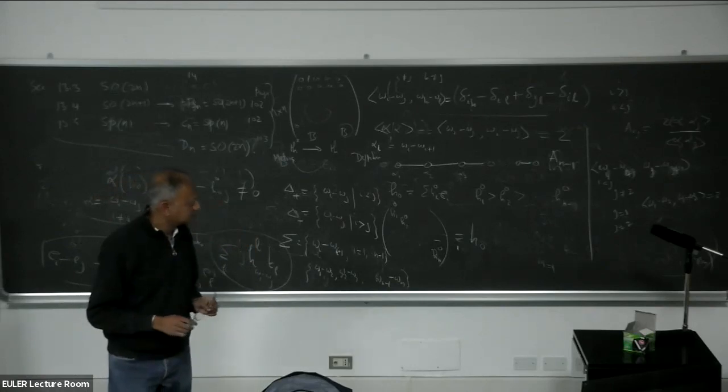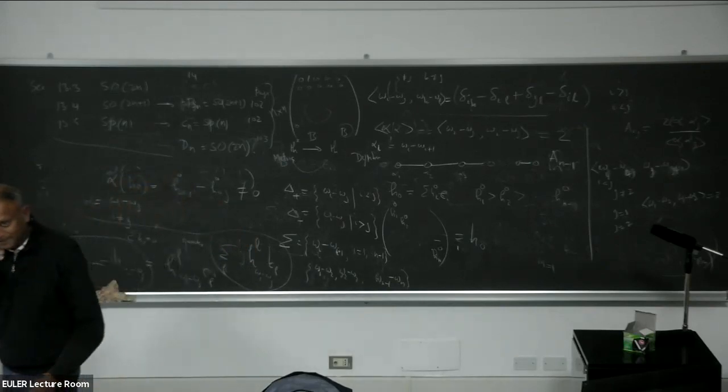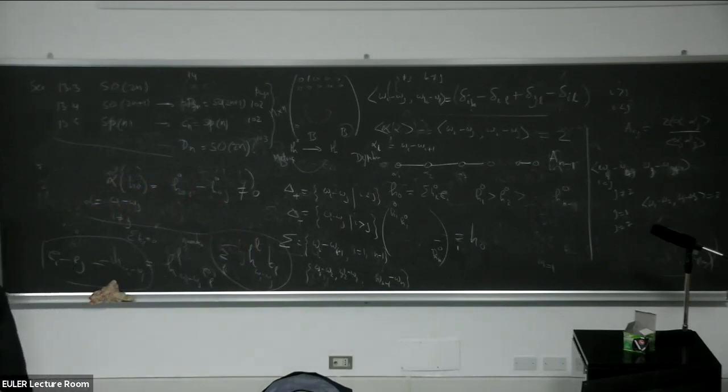So, any questions? I have a question here. There was this part about whether the basis of the dual of the root space is orthogonal. We have to make sure that each omega_i is a root, right?